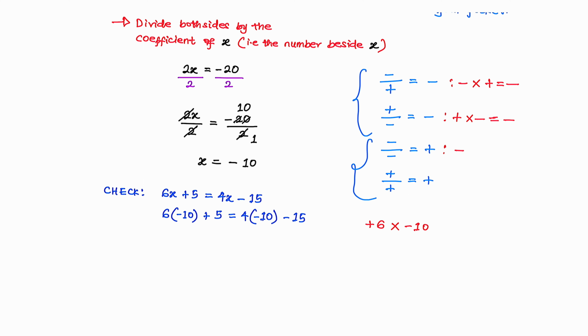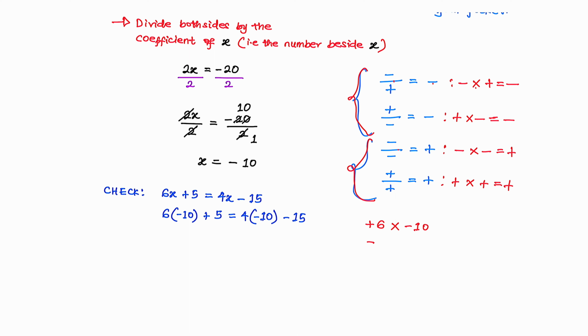And then negative times negative equals positive. And lastly, positive times positive equals positive. Same sign will give us a positive answer. Different sign will give us a negative value. If the signs are different, the answer is negative, whether division or multiplication. If the signs are the same, whether division or multiplication, we will have a positive value.